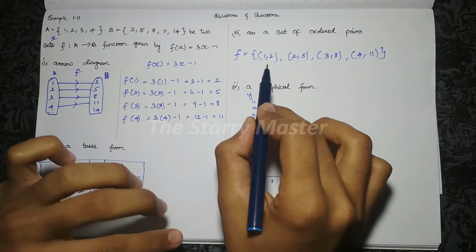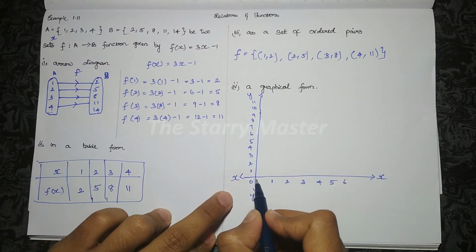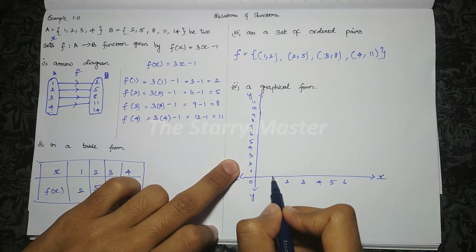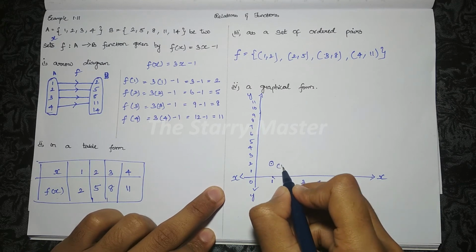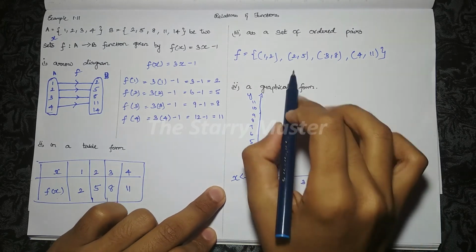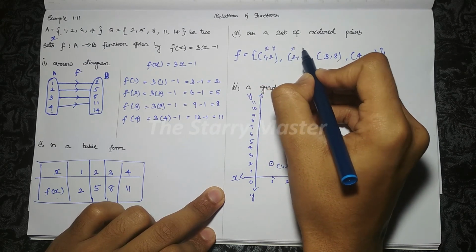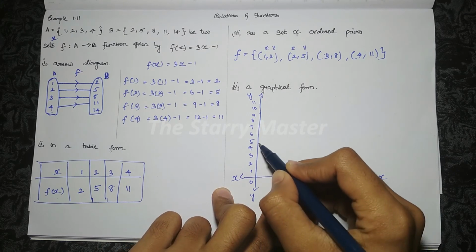Then we mark 1 comma 2, so x should be 1 and y should be 2. Then 2 comma 5, so x should be 2 and y should be 5.